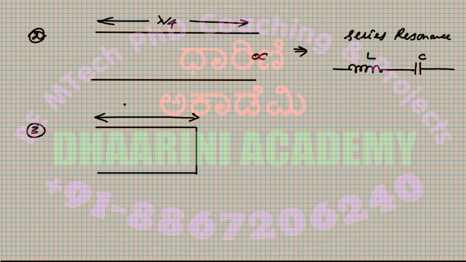So 0 less than L less than lambda by 4, and you can note that there is a short circuit. If you use this, this is a simple inductor. When you want just to bring an inductor in place, just use this.